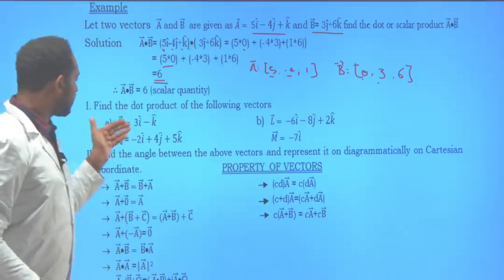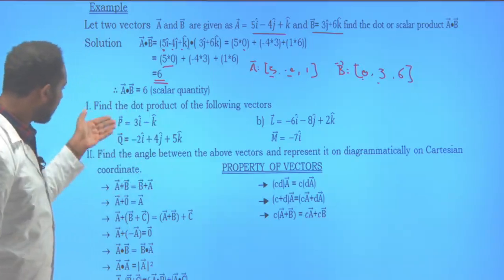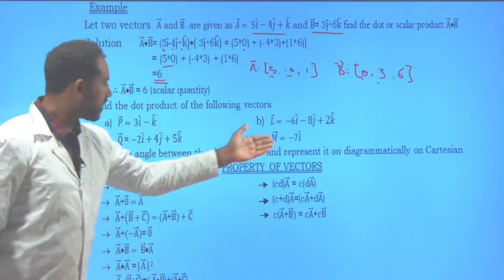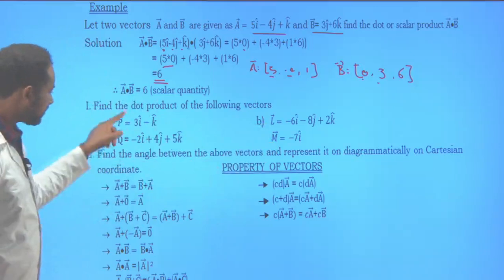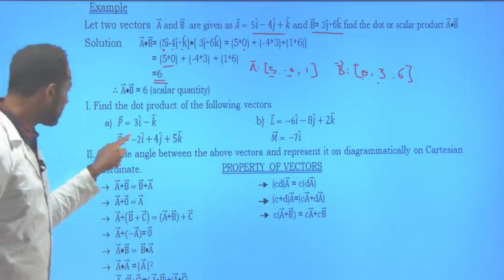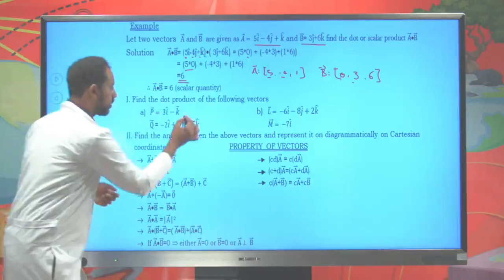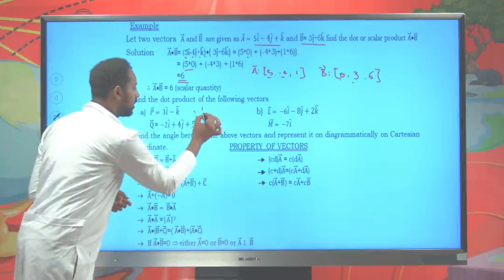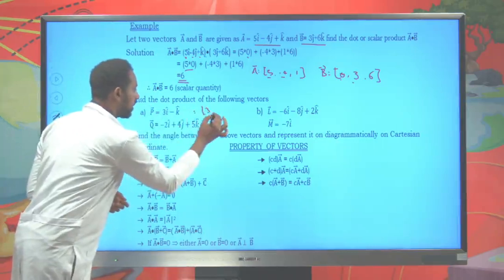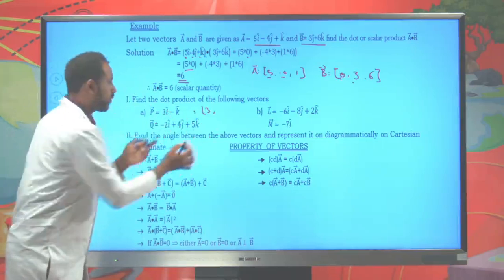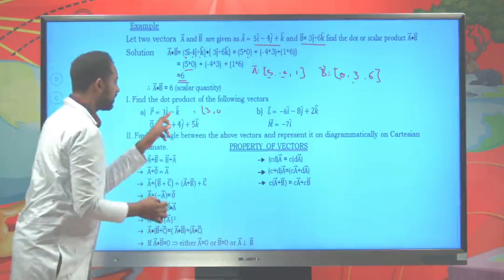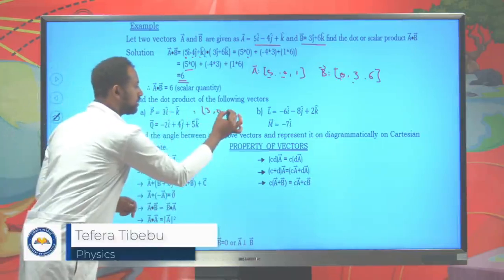It's also possible to find other dot products. Here you have vectors P and Q, vectors L and M, and so on. If you are asked to find the dot product, you have to multiply the respective components. What are the components of vector P? Here you have 3. There is no j component, therefore it should be 0. There is a negative 1 component, minus 1.